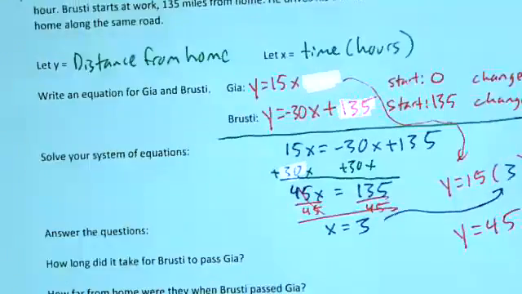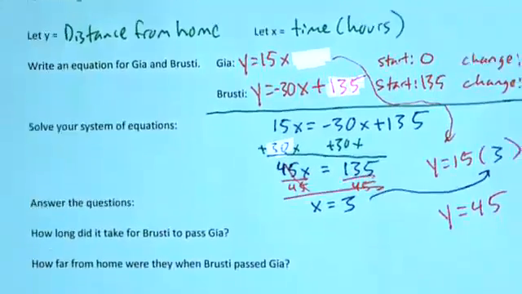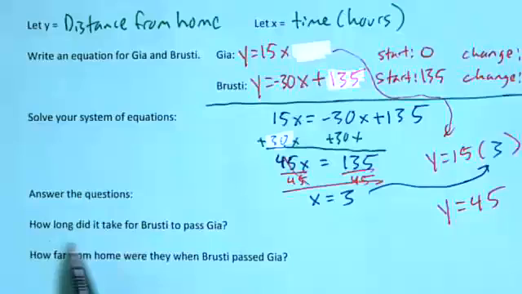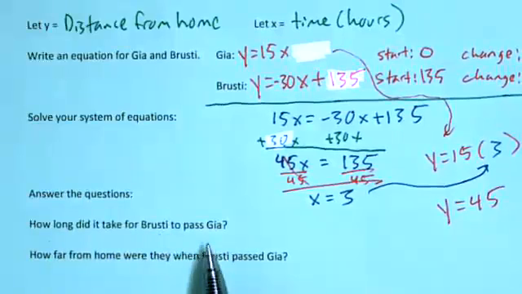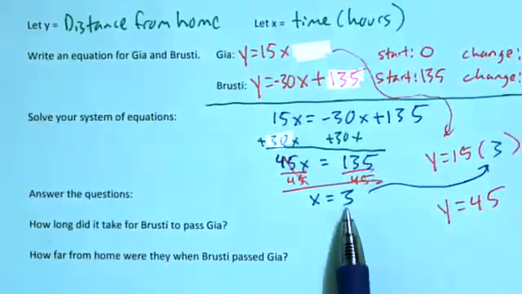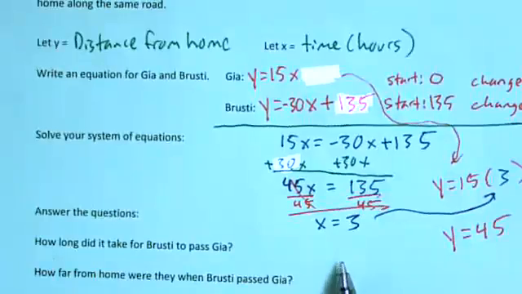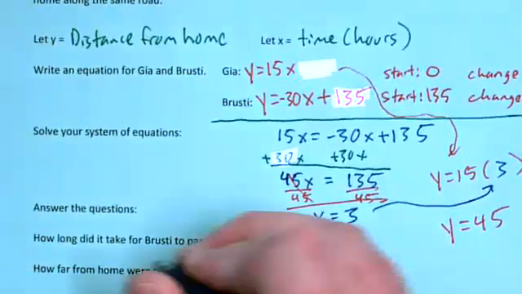All right, so we got our solution, but we want to be able to interpret it. How long did it take for Brewsty to pass Gia? X is 3 and X was the time. So it would make sense that we would use the X value for that. So that would be 3 hours.